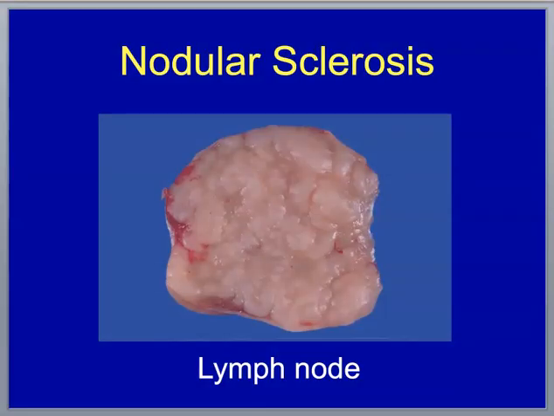So this is the cut surface of an involved lymph node, which shows a classic gross appearance. You can see these nodules of white-tan tissue, and they're separated by slightly depressed gray areas here, which represent the bands of dense collagenous fibrosis, giving it the name nodular sclerosis.